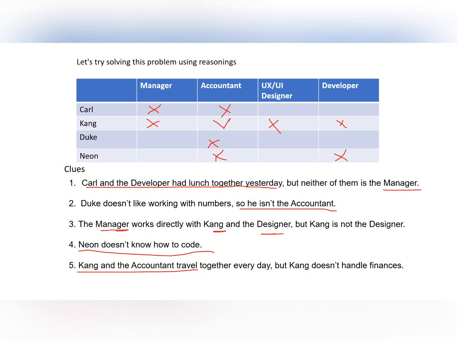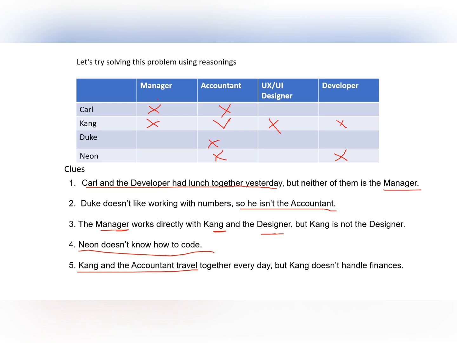Now let's figure out what the other roles are. Let's revisit clue number 3. The manager works directly with Kang, the accountant, and the designer. But Kang is not the designer.